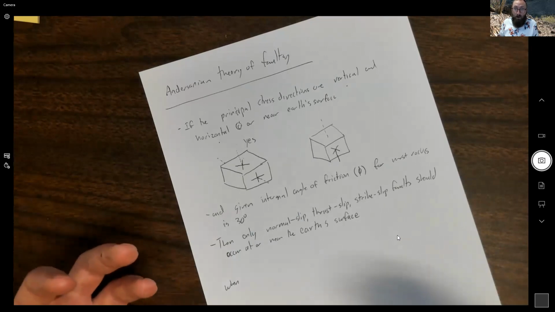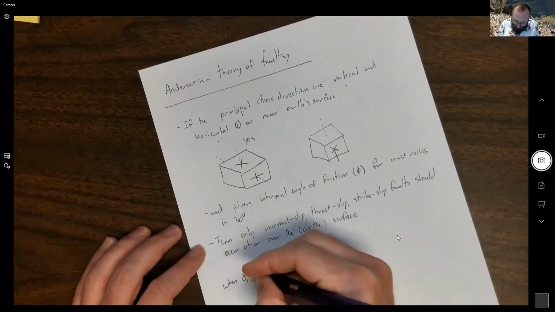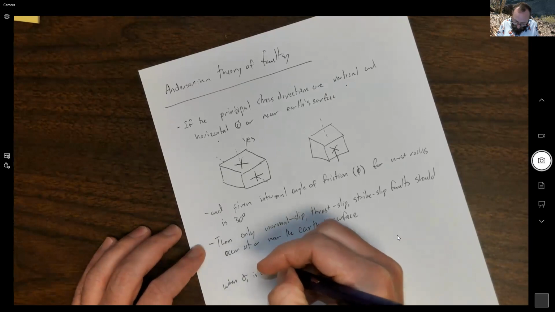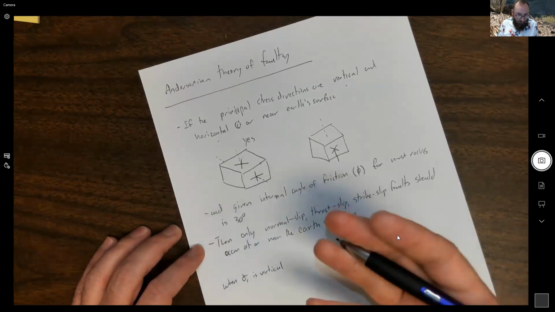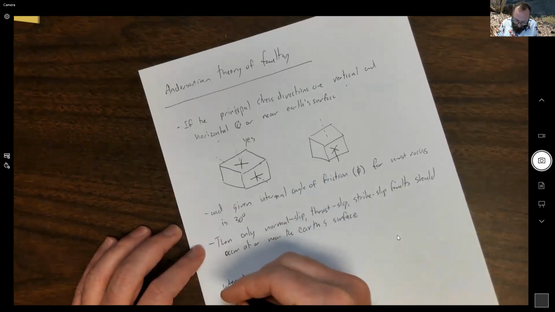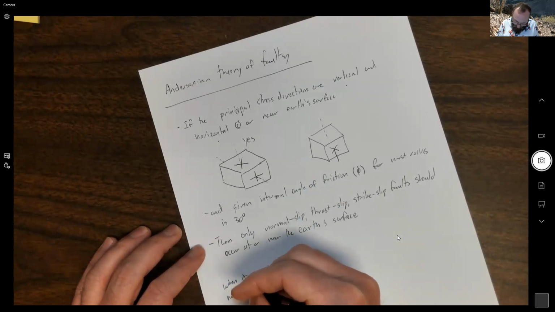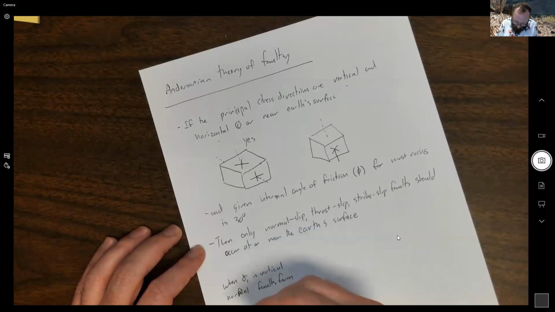What that's saying is this really important relationship: the faults are oriented systematically with regard to sigma 1 and sigma 3. When sigma 1 is vertical, that means sigma 2 and sigma 3 have to be in the horizontal plane, and then normal faults form. Anytime sigma 1 is vertical, we're in a normal faulting regime.